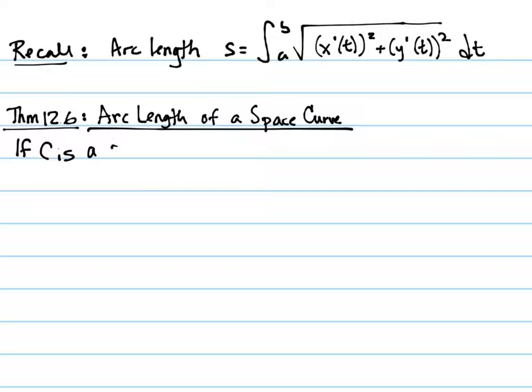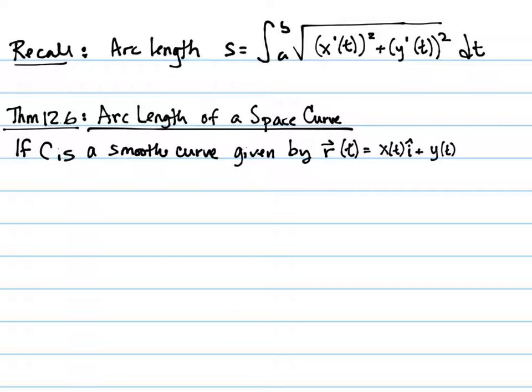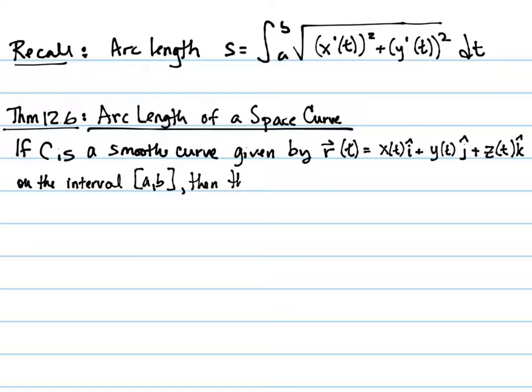If C is a smooth curve given by r of t equals x of t i plus y of t j plus z of t k on the interval a, b, then the arc length of C on the interval is exactly what you would expect it to be.